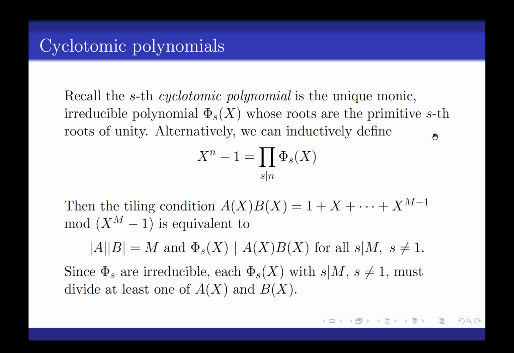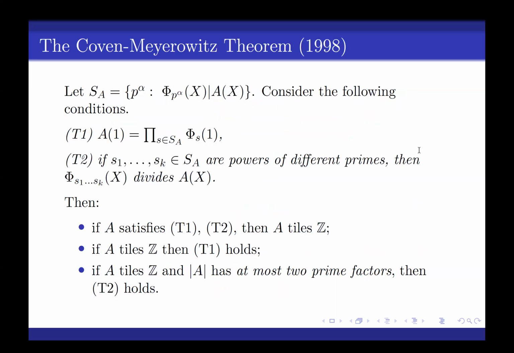A given mixed cyclotomic may divide both A and B at the same time, and if it divides, say, A, it might divide it with a certain multiplicity. None of that is contradictory to the tiling assumption; these all actually happen, or may happen, in reality. So please keep in mind the distinction between prime power cyclotomics and mixed cyclotomics.